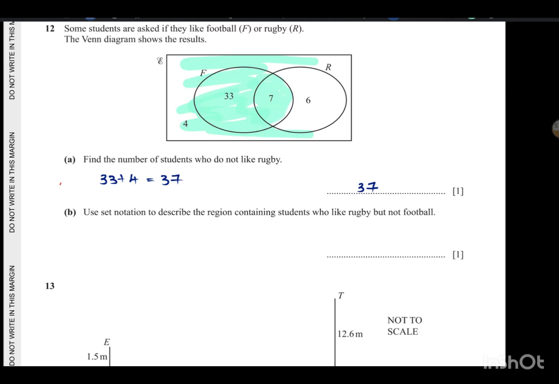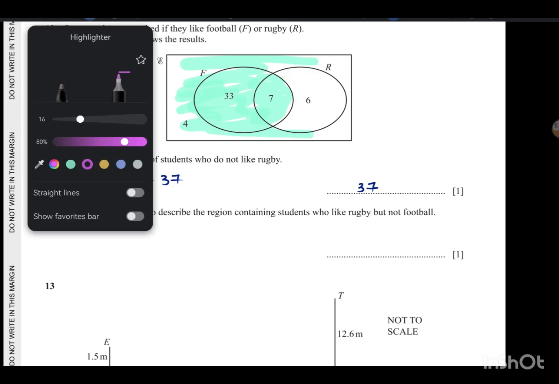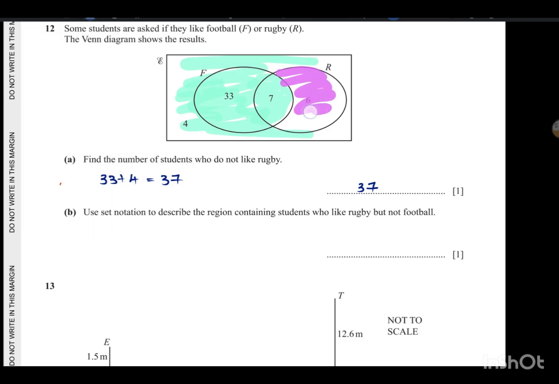This part is also football, so it should be excluded, only this part. Wait, I'll show you with another color. Only this part is what you need to find the set notation for. This part, which I shaded with pink, will be F complement, intersecting the R set. So it should be F complement intersection R.